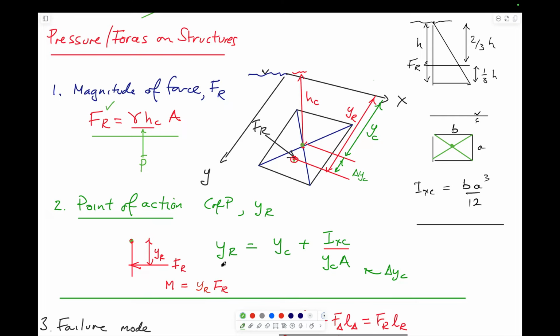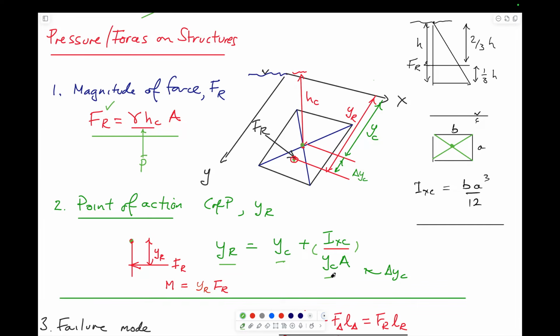And we can get that location by defining y sub r. Y sub r is, importantly, the slope distance of that center of pressure from the surface. So this goes up along this axis, and it's divided into two components. It's the slope distance to the depth of the centroid, which is y sub c, plus a small amount, which is delta y sub c, which is given by this term.